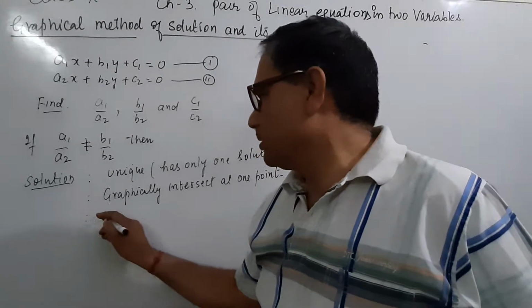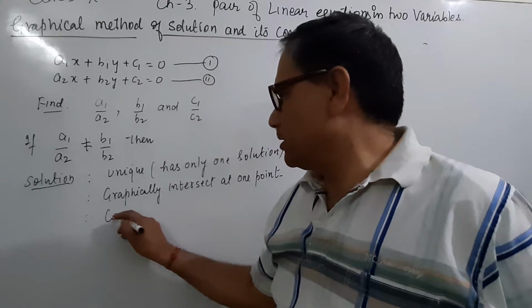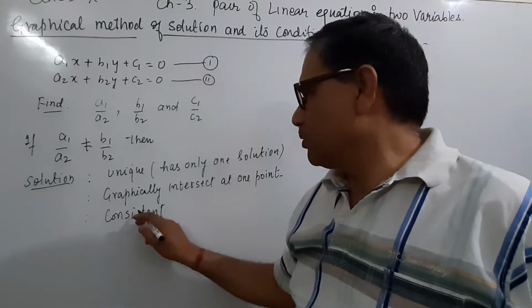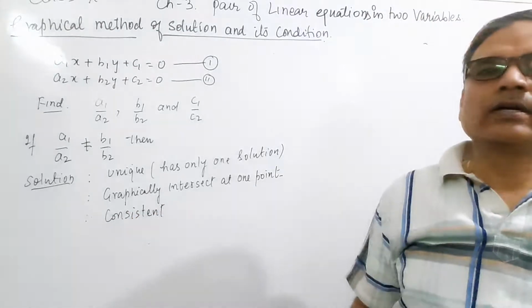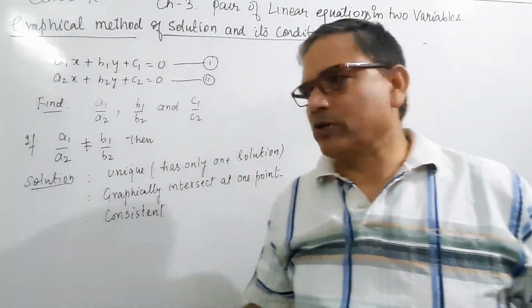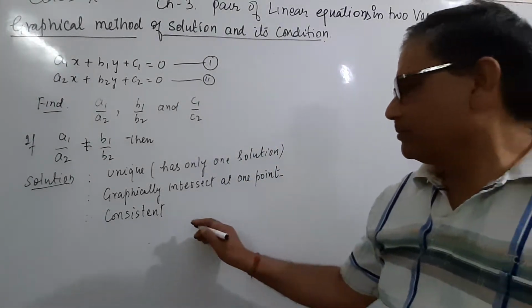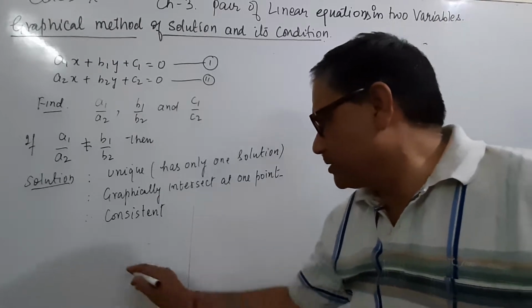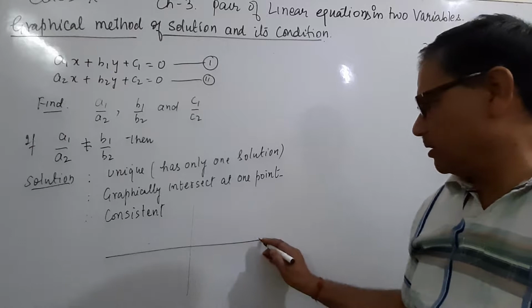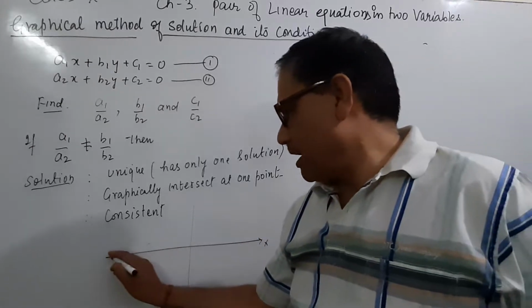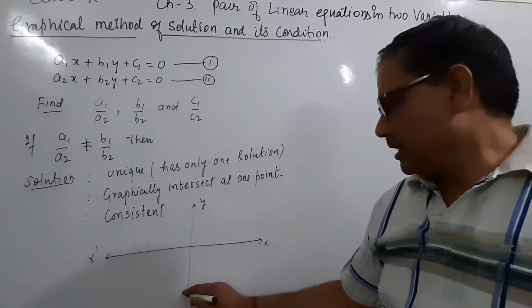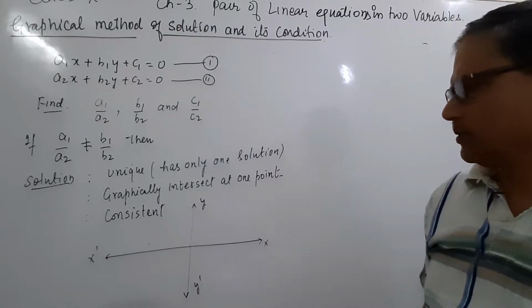And third, the solution is consistent. If the solution is consistent, then the values of x and y exist, meaning they are possible. Graphically, when we draw the graph, here is the graph, this is the origin, right is x, left is x dash, up is y, and below is y dash.